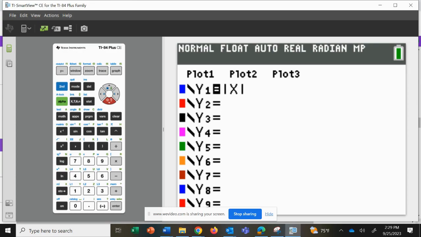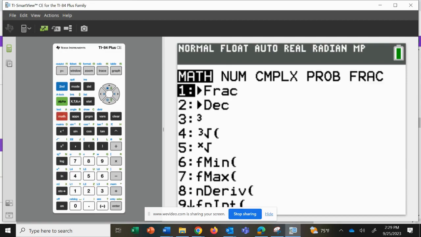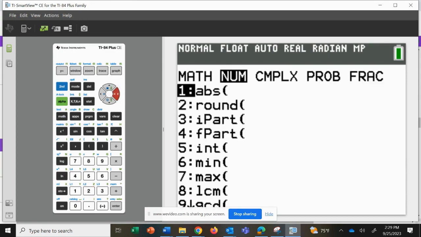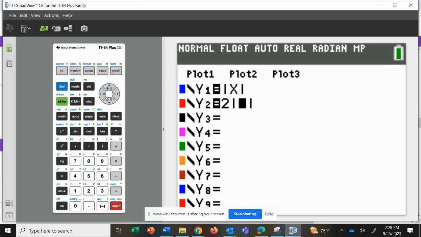Now we are multiplying numbers on the outside. I'm going to give you a moment to choose whatever number you want, and you're going to do more than one. Remember, to get to absolute value, we do math, arrow over to number, absolute value, x. Now I want you to pick more than just the one that I did.